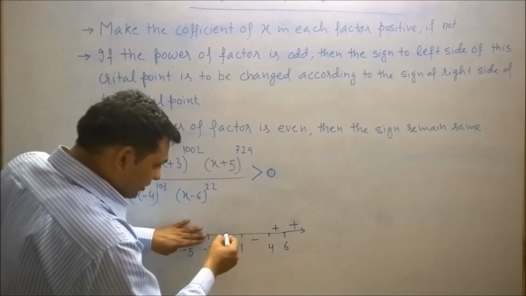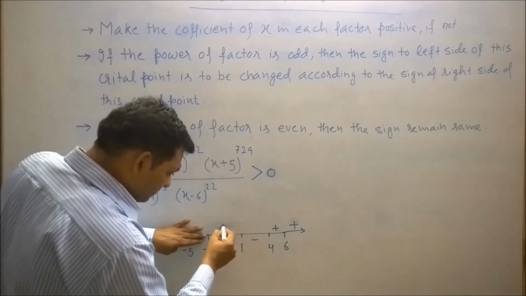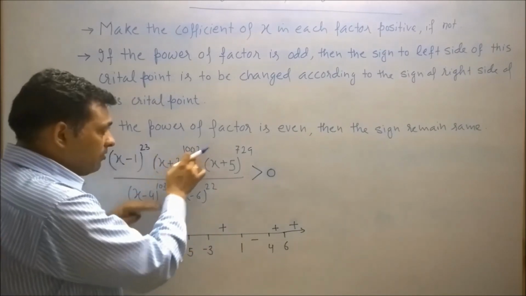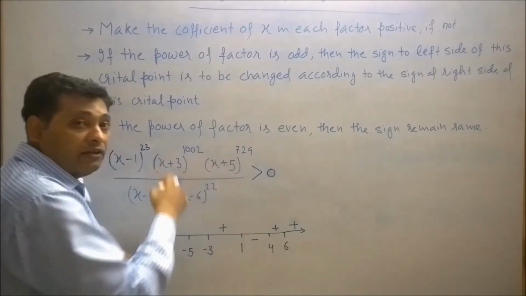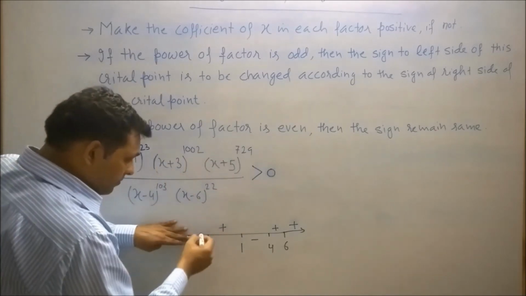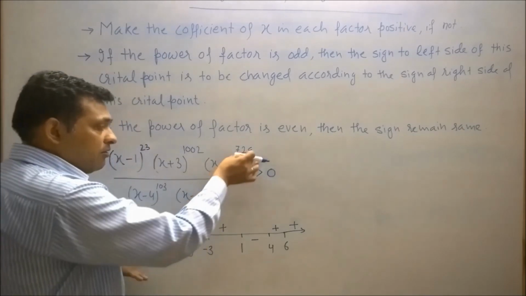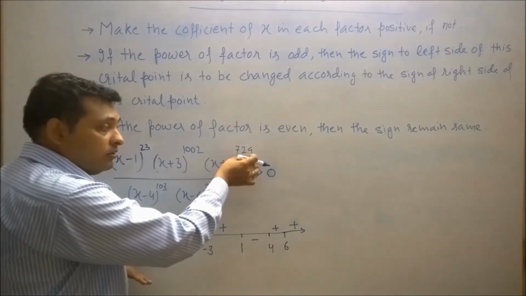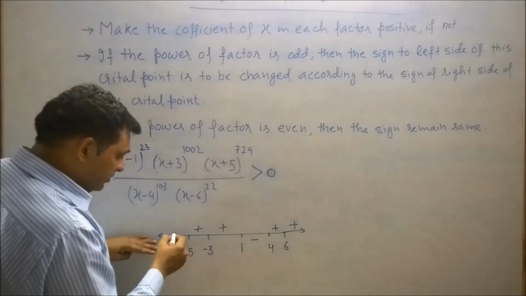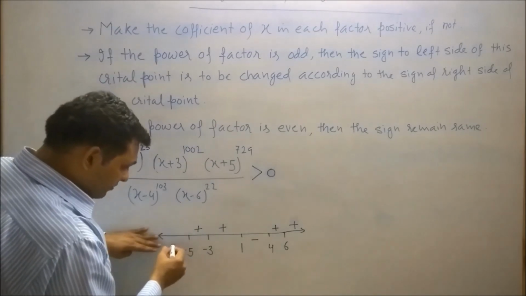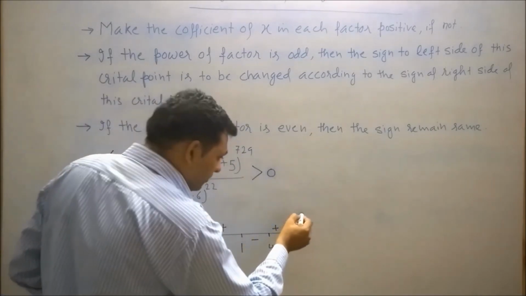Then we will put here the sign positive. Now the power of this factor is even. The sign will remain same. It means this side the sign will be positive. Here the power of this factor is odd. Further the sign will be reversed. It means here the sign will be negative.